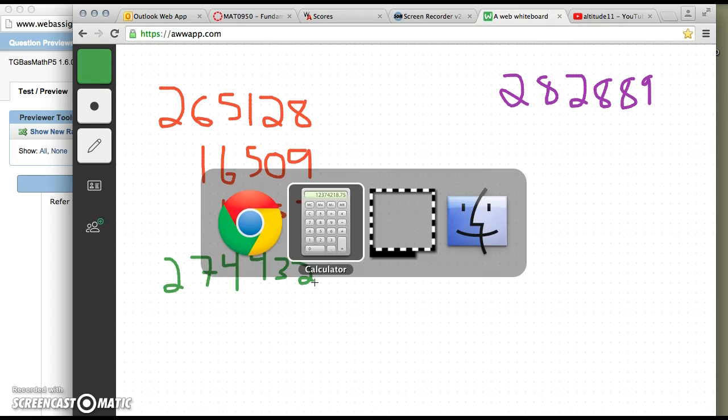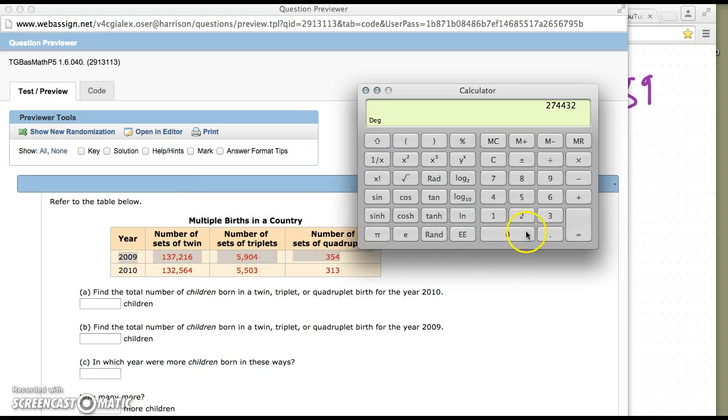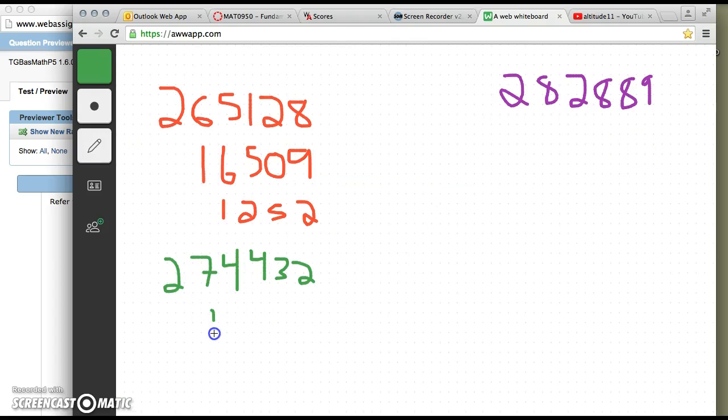Now let's take a look at our triplets. There were 5,904 sets of triplets. Multiply that by 3 for the 3 children in every set. That gives us 17,712. And then finally we have our quadruplets.